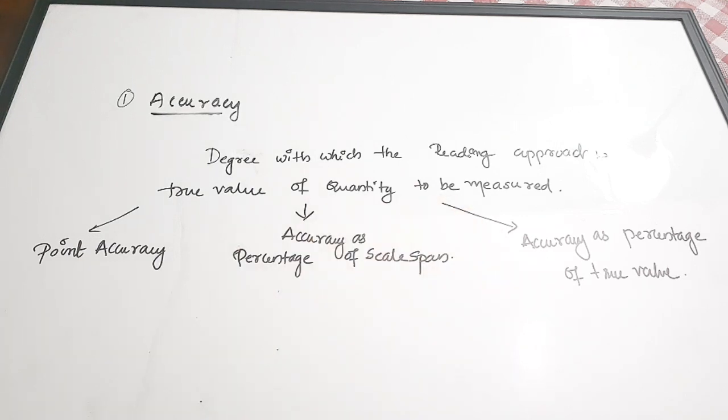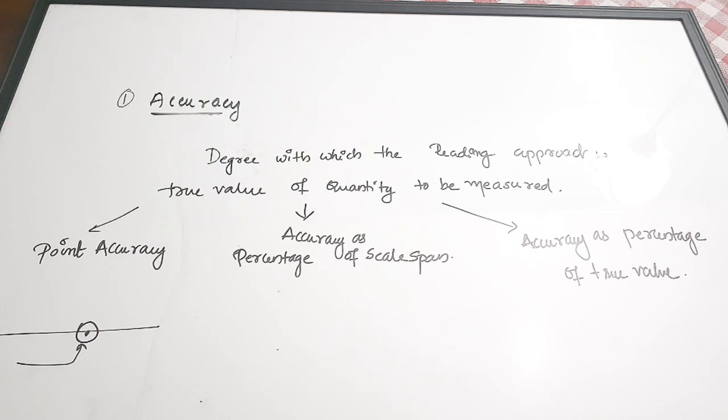Point accuracy means the accuracy is specified at only one particular point of the scale. Consider that the reading is exactly at one point, and only if we get that point do we say that it is accurate. Such an accuracy is called point accuracy.